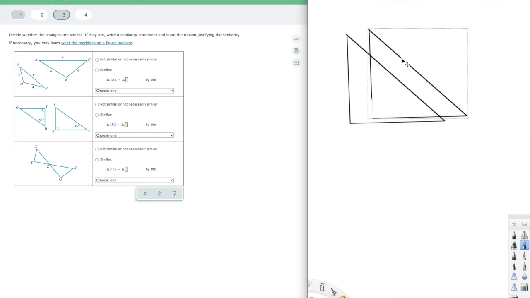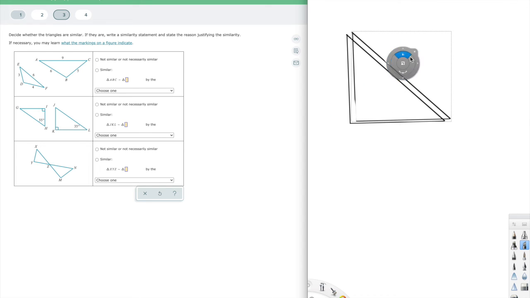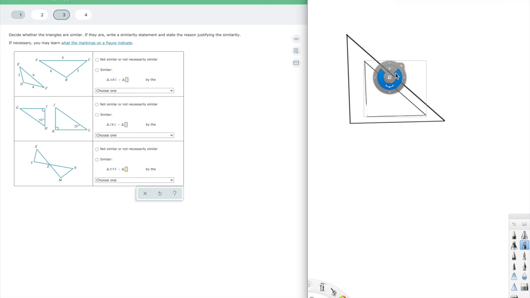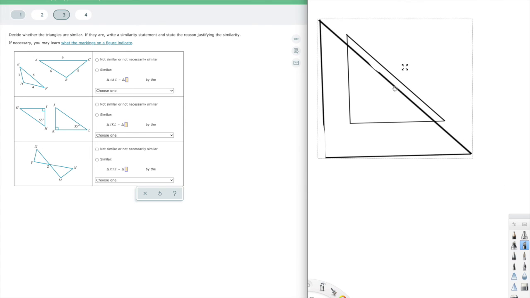If I make this smaller, like this, so I'm dilating this triangle. So I've made it smaller. But what I haven't changed is the angles. So this bottom left angle fits, and the right angle at the bottom fits. They all fit. Same thing is true if I make it larger, like this. So I can dial it up.